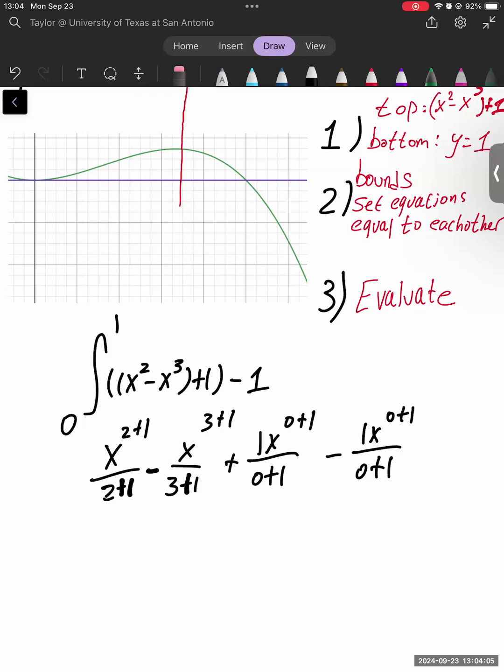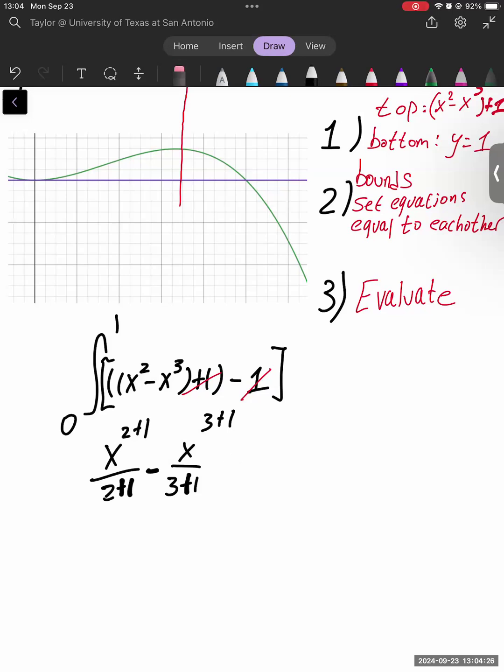And then taking a step back really quick, since this entire expression is included in our integral, if we wanted to, we could cancel this. Are you guys okay with me doing that? Cool. And then in this case, we are with respect to x.